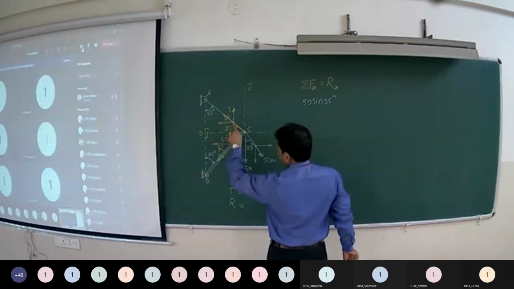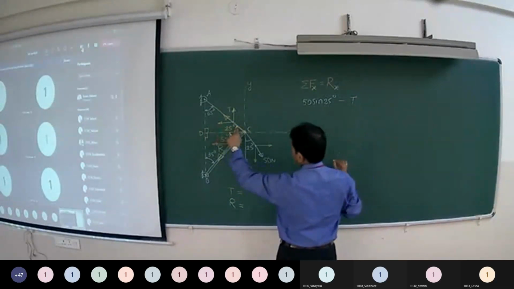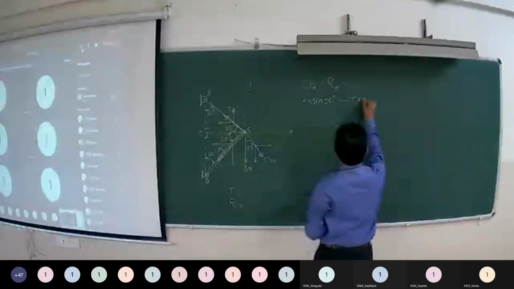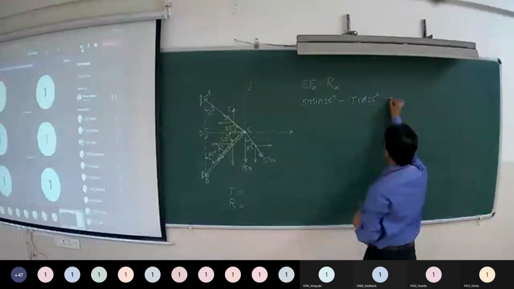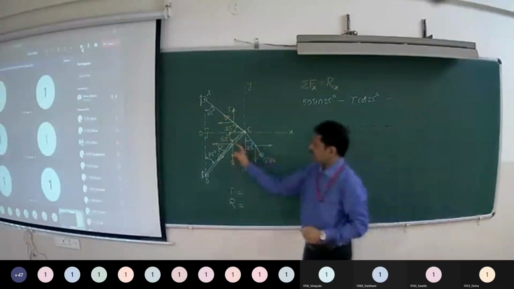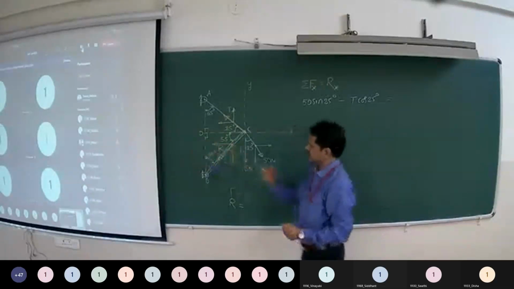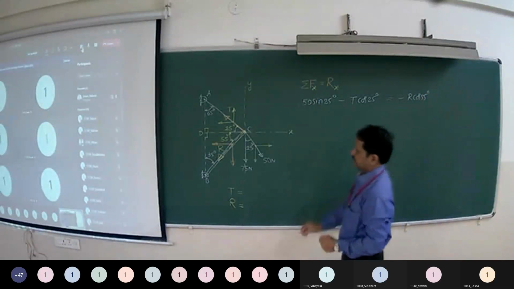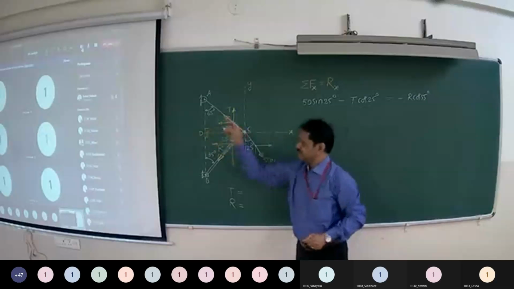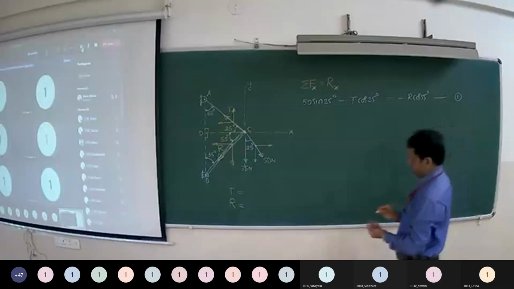X component of T, it is acting towards left, minus T, making an angle 25 with x. So it is cos 25. This is equal to x component of resultant. Again, resultant's x component is acting towards left. So minus R cos 55, making an angle 55 with x. So this is equation 1.